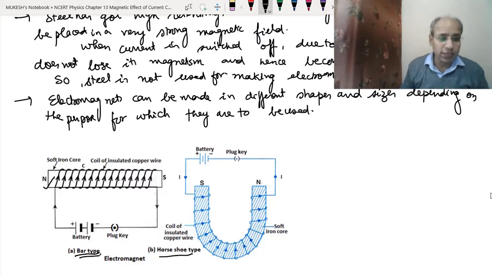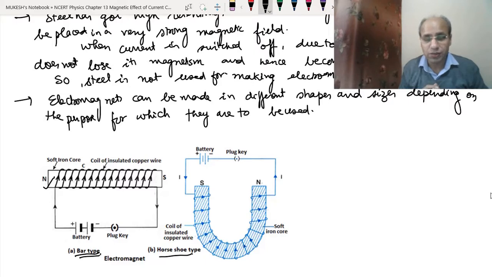Now, as you can see here, a north pole is given, here the south pole is given, same here north pole, same here the south pole. So, how do we find the polarity of the electromagnet? We find it in the same way in which we find the polarity of a solenoid. That means we will use the clock face rule, which we already know.